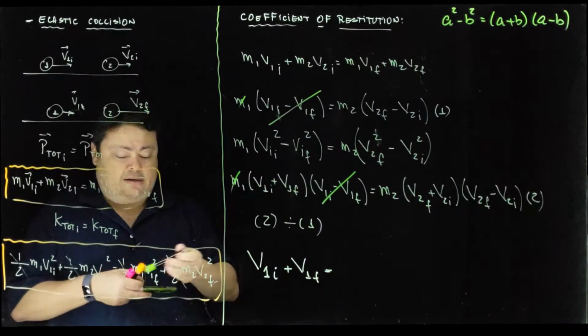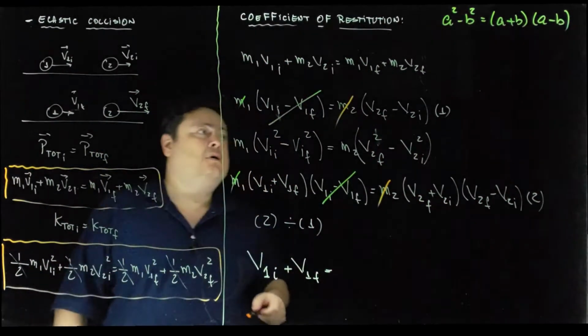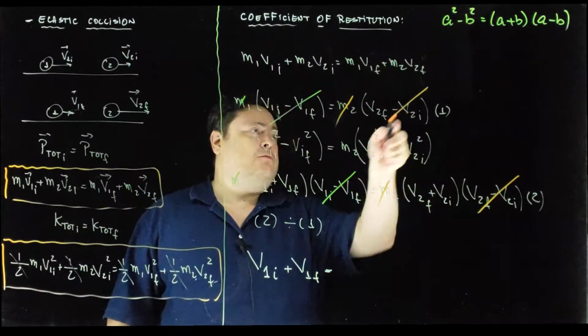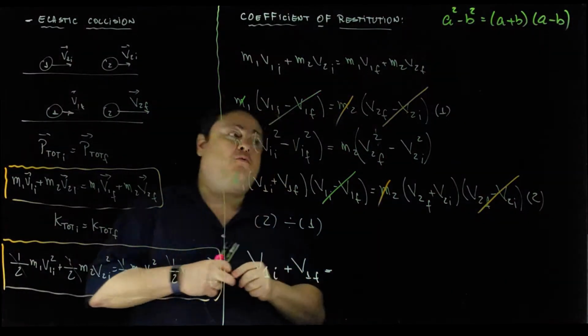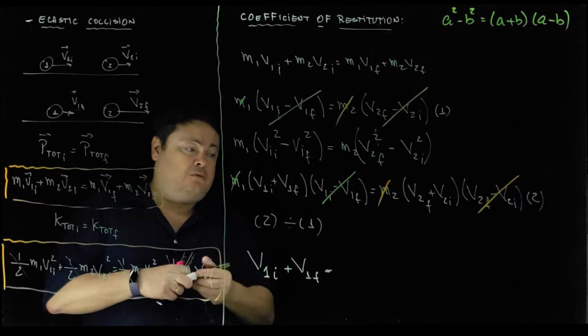On the right-hand side, m2 cancels out, and v2 final minus v2 initial also cancels out. So the only thing we have left over is v2 final plus v2 initial.